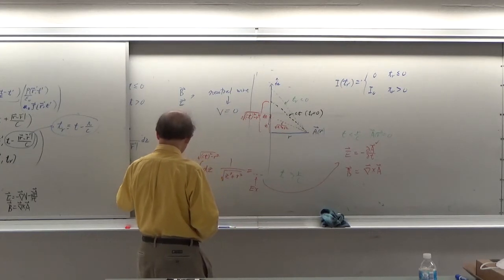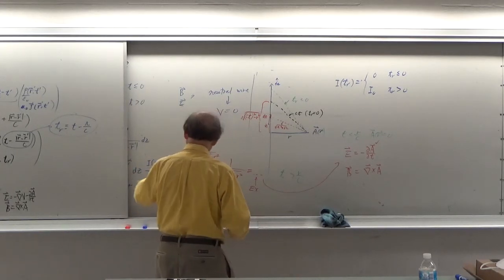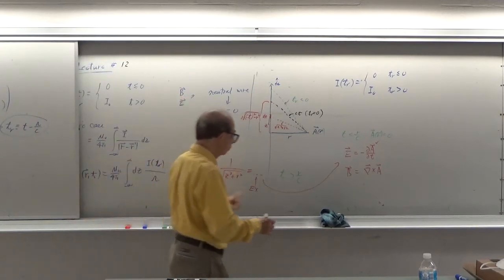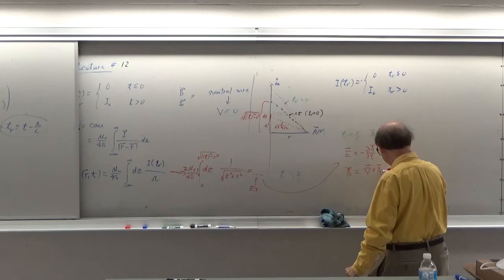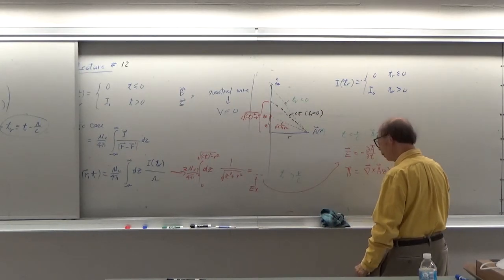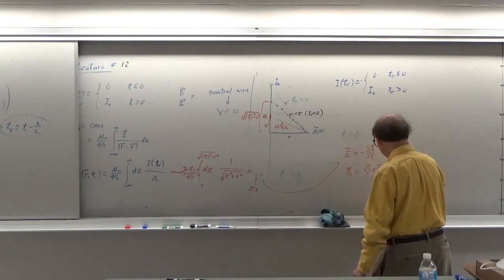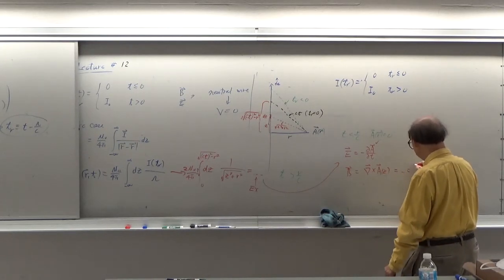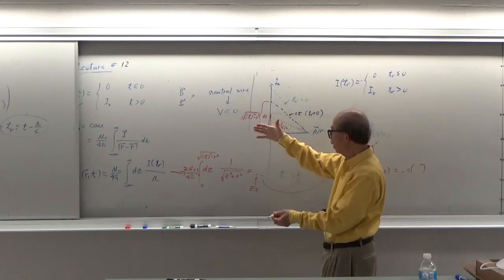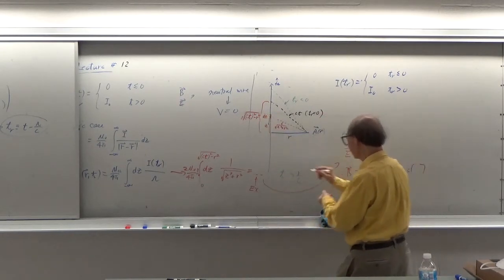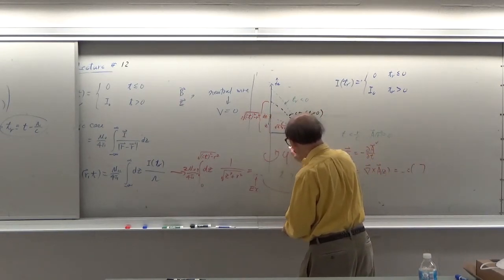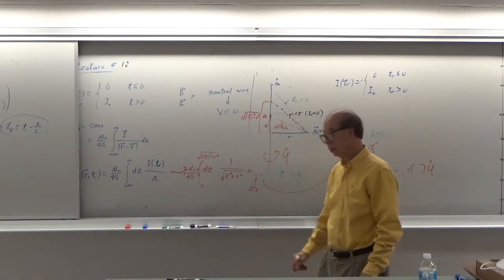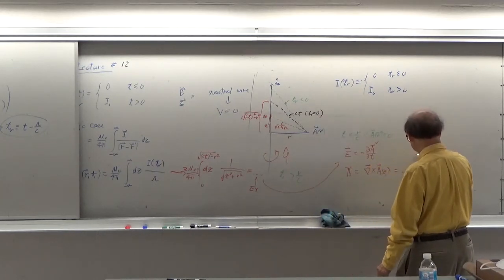Since A is in the z direction, it depends upon z. Obviously, the only contribution you will find is along the azimuth angle. Exercise: find this also.